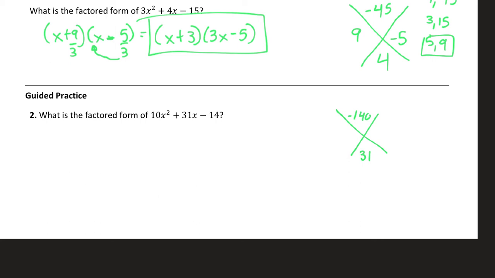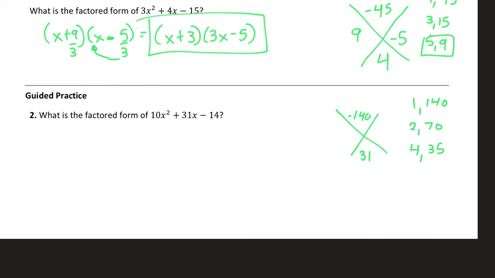So I'm going to start listing out my factors. 1 and 140, 2 and 70. I don't think 140 divides by 3. Let's see if 140 divides by 4. Sure. 4 and 35. So I'm literally going to my calculator just doing, can I divide it by 2? Can I divide it by 3? Can I divide it by 4?